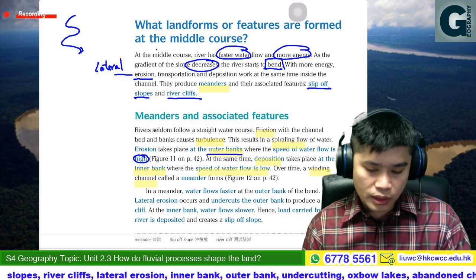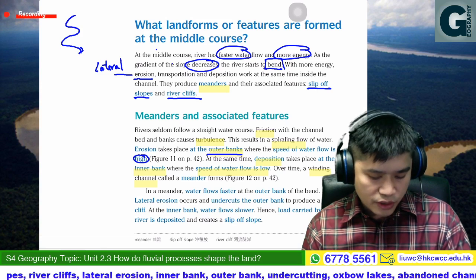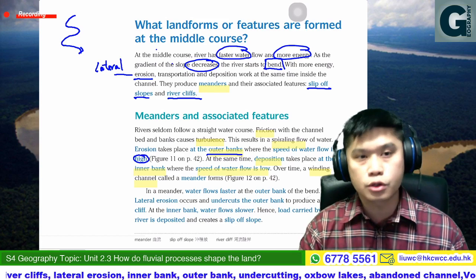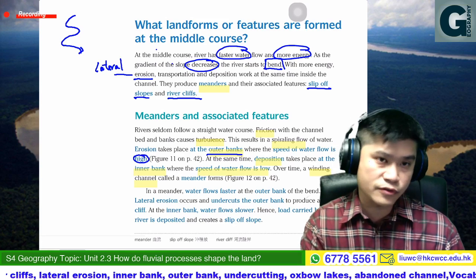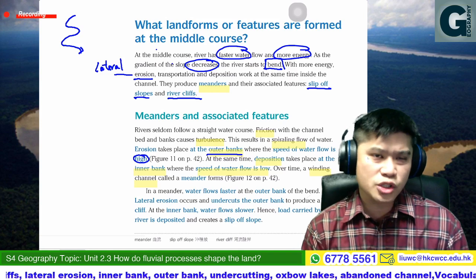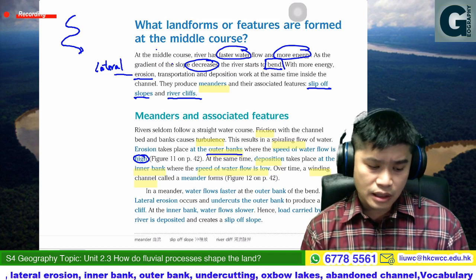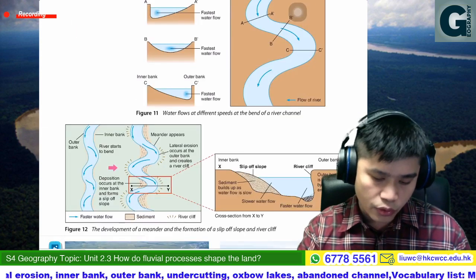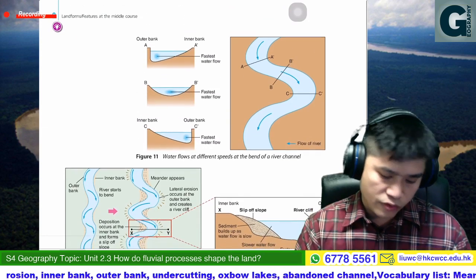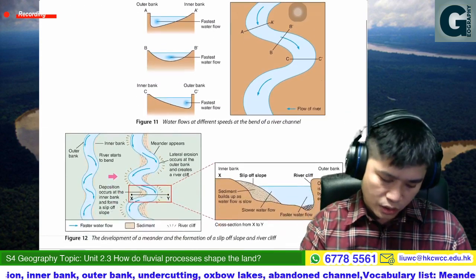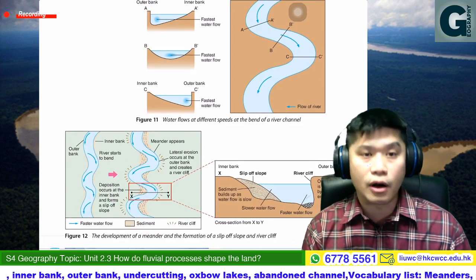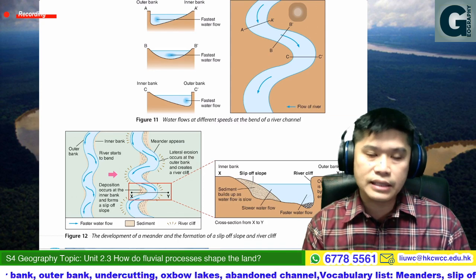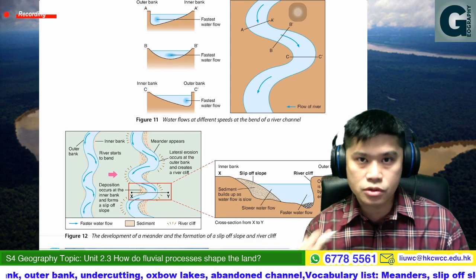Hence, the load carried by the river is deposited and creates a slip-off slope. You may refer to the figure on the next page, figure 12, and I will use my notes to explain.